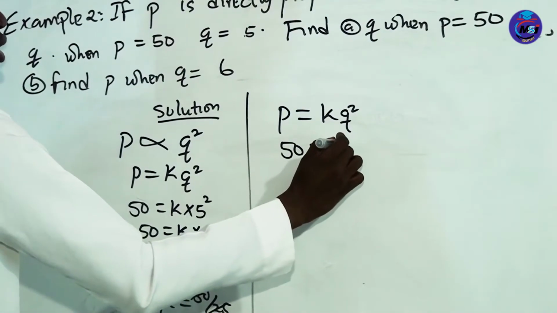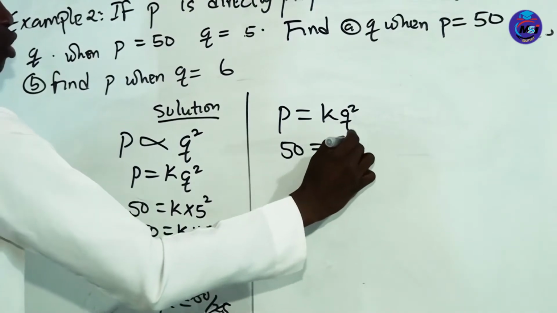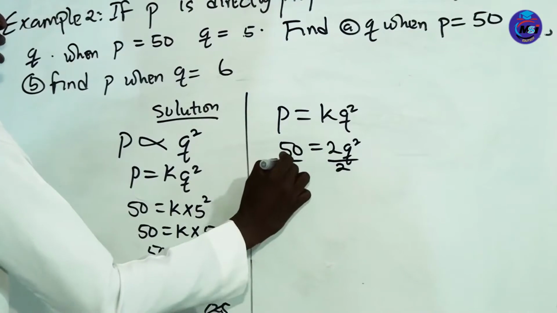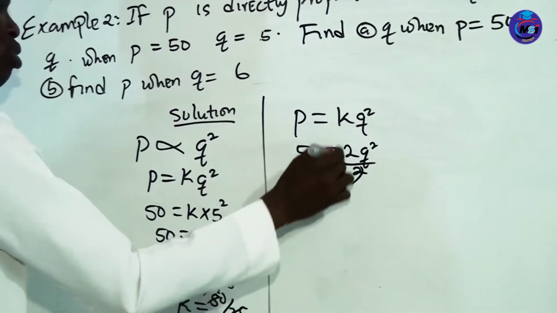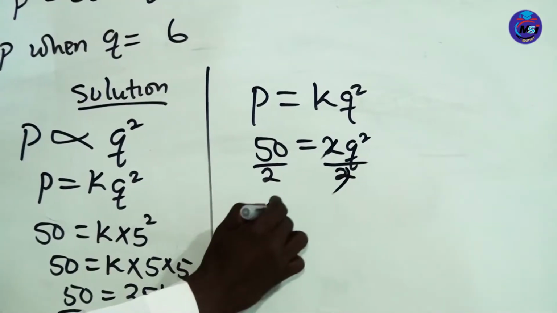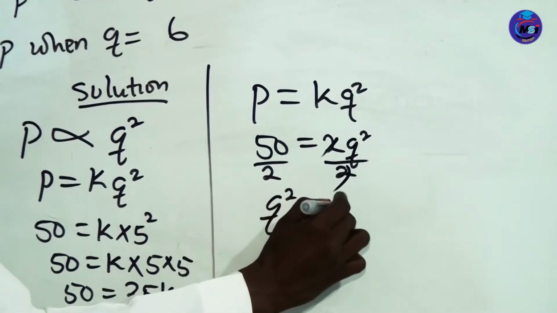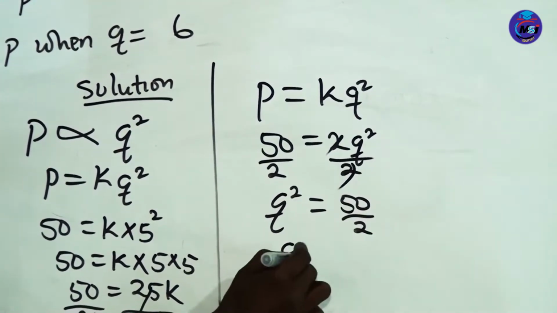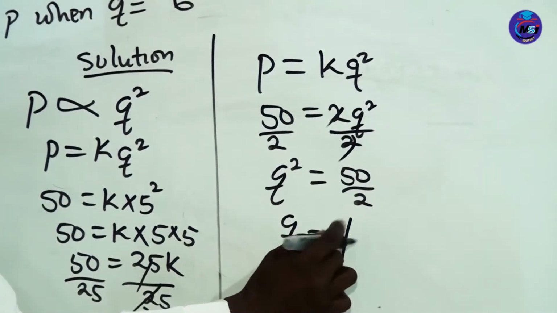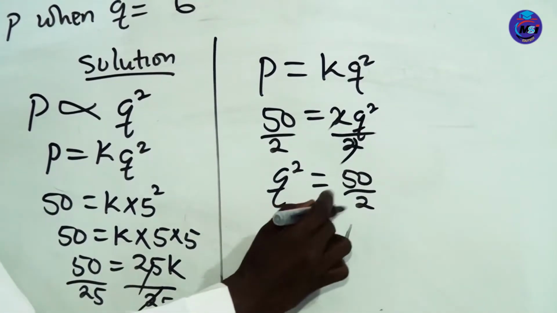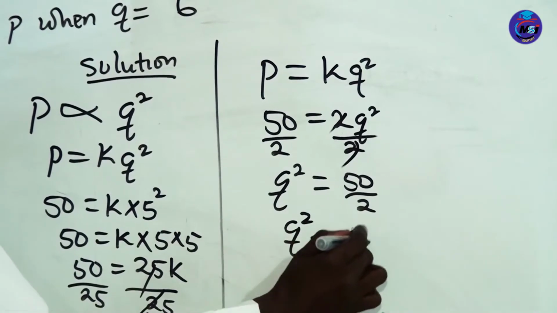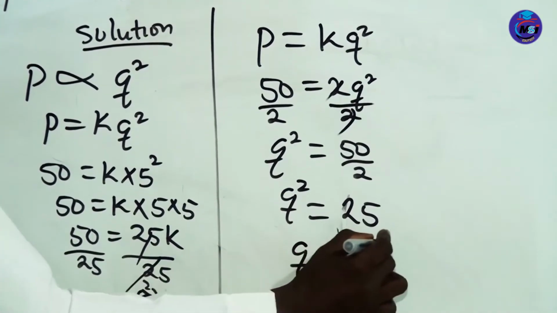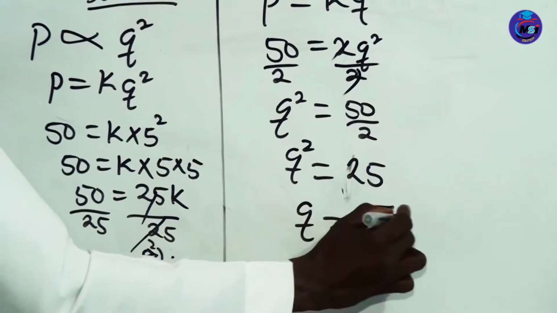We have Q square. Divide this by 2, divide this by 2. These 2 will cancel these 2. Q square will give you 50 all over 2. 50 divided by 2 will give us 25. Q will give us square root of 25.